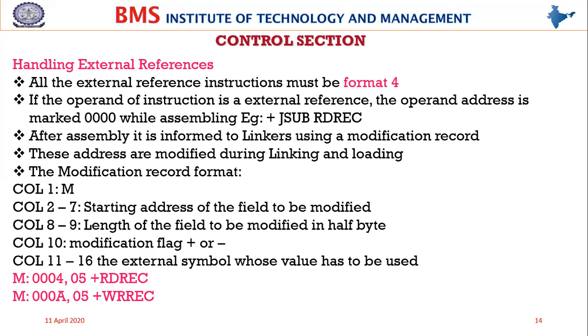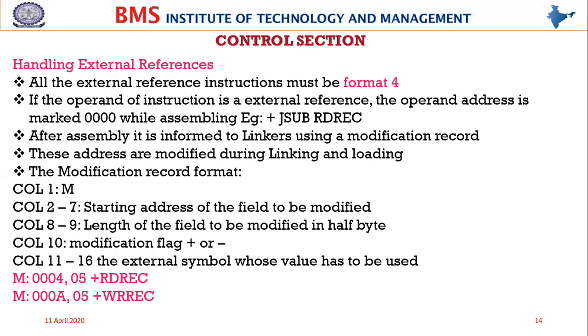That means your assembler leaves blank the operand address of all the external references, and the same entry will be written into your object code file. So during linking and loading, after getting your load address from the operating system, that particular absolute address will be added to those text records whose operands are 0.